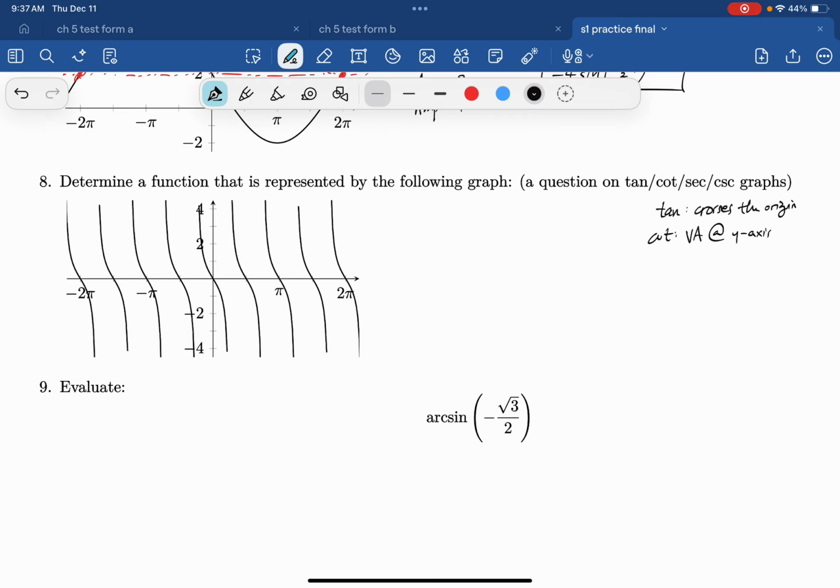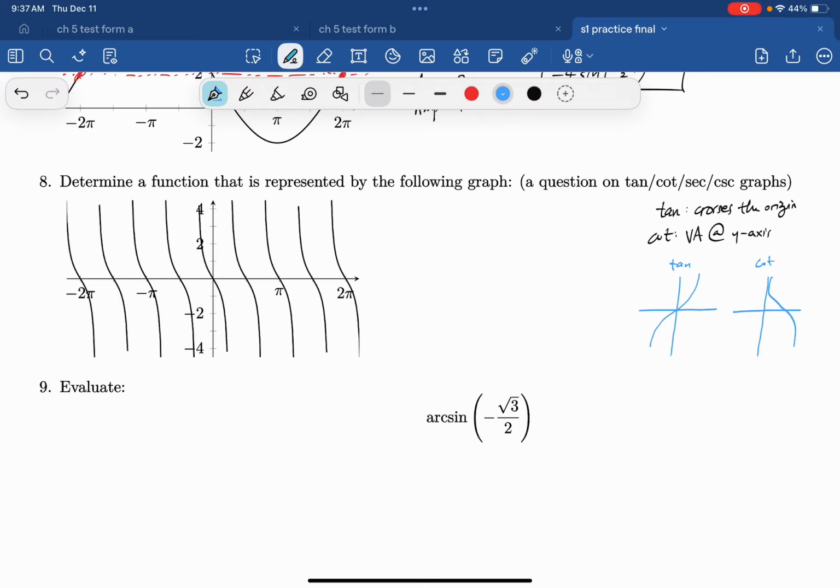Okay, so tangent has this shape naturally, whereas cotangent always has this shape without any shifts. Okay, cotangent looks like that.